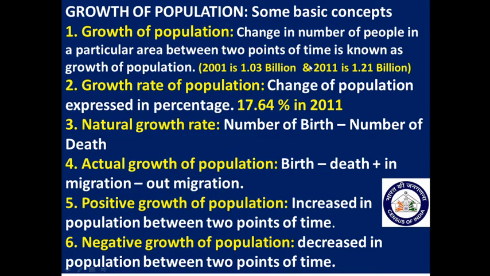That is called the growth of population. The change in number of people is 1.03 billion to 1.21 billion, in a particular area, which is India, between 2 points of time, 2001 and 2011. So that is called the growth of population.